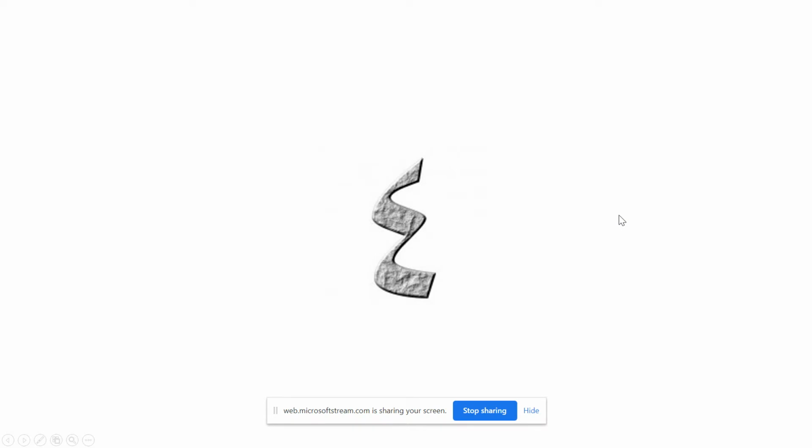Now, this backwards looking 3 here is the number 4. This Indian numeral is arba. This 0 looking thing, slightly smaller than a 0, might float a little above the ruled line.